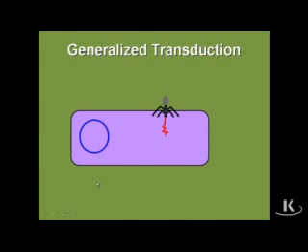It injected DNA it randomly picked up from another bacterial cell. So now what's going to happen is that phage, there's no phage infection here. All it can do is attach to the cell, inject the DNA, and that's it for the phage. So what it did in this instance is it acted as a vehicle to take bacterial chromosomal DNA from one cell to another.